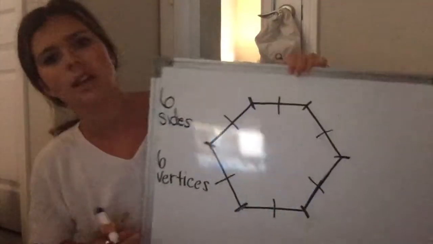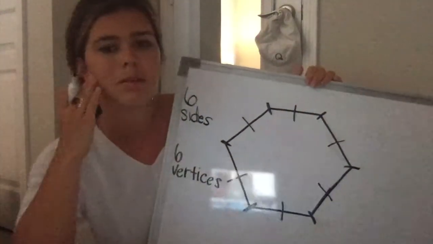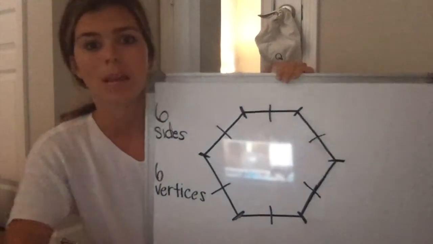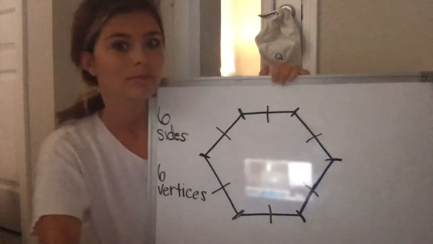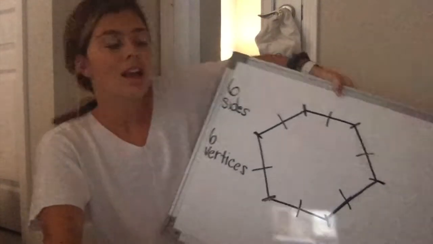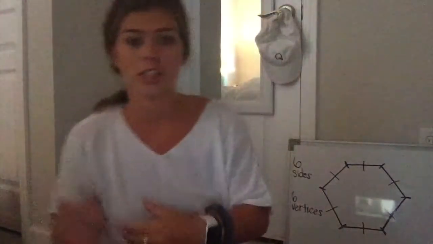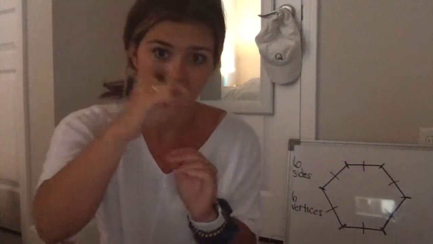Can anyone think about some real life objects that are the shape of a hexagon? Good. I want you guys to think about some and then maybe try and find some around your house when you're finished, okay? What I want you guys to do is it asks for you guys to cut out the shapes on page 8, okay?